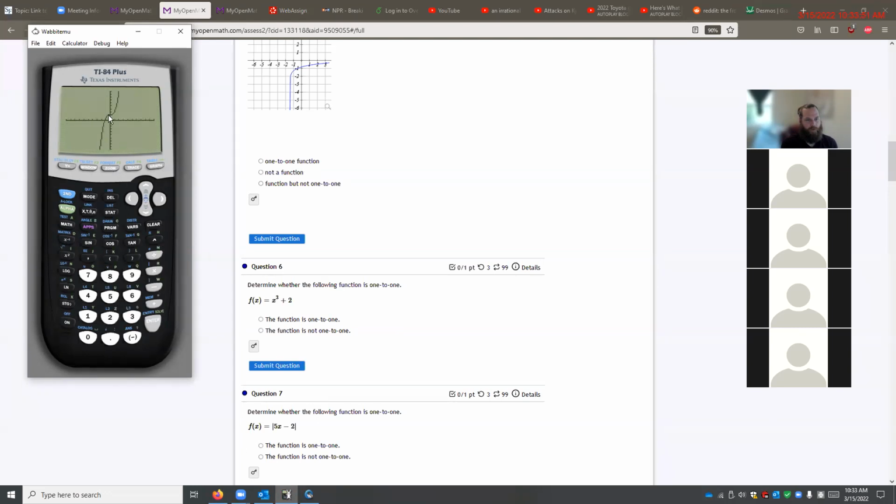So I want to know, is this function 1-to-1? I should be asking, does it pass the horizontal line test?